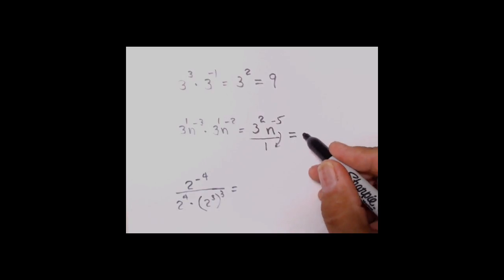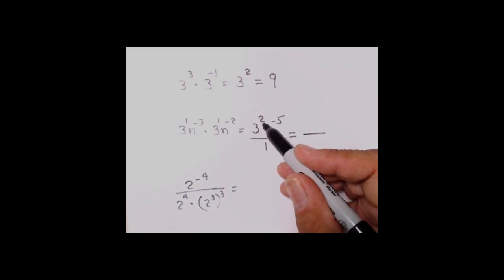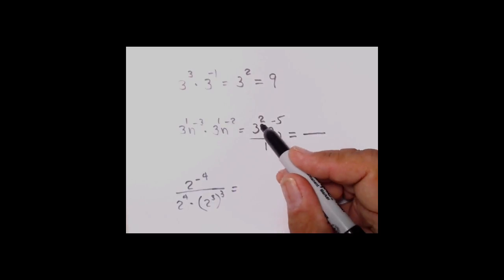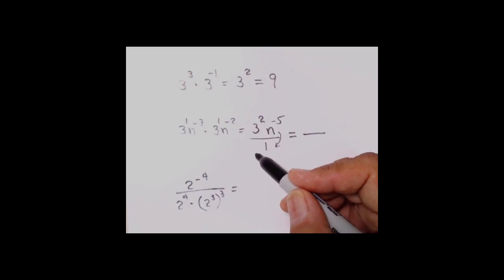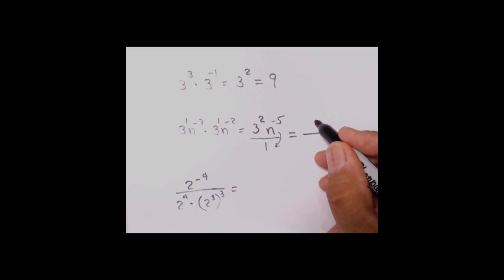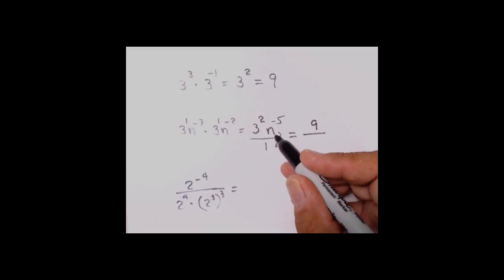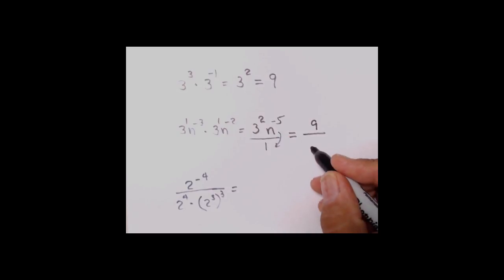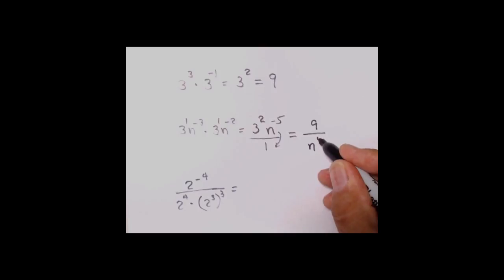Well, now, here's what we're going to end up with. The 3 squared remains upstairs because it's got a positive exponent. If I jumped it downstairs, it'd be negative, and that's not what we're supposed to do. So 3 squared, and it's easy enough to power out, it's just 9. But the n to the negative 5 going downstairs becomes n to the positive 5.